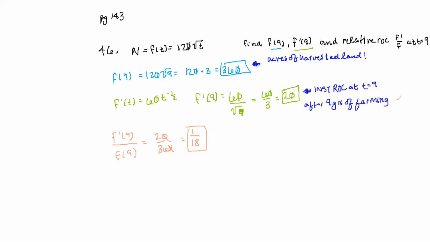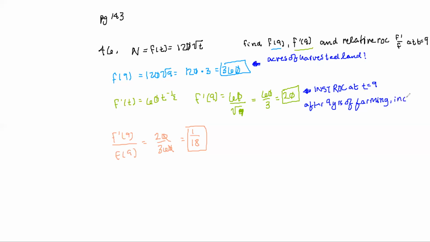After 9 years of farming, we've got a rate of change that is still increasing. What's most notable? Oh, we got an answer in the chat box. Yes, exactly. After the 9th year of farming, we were increasing at a rate of 20 acres per year. So we can basically guess, based on this data, that our 10th year of farming, f of 10, is going to be 360 plus 20, which is going to be 380 acres harvested.